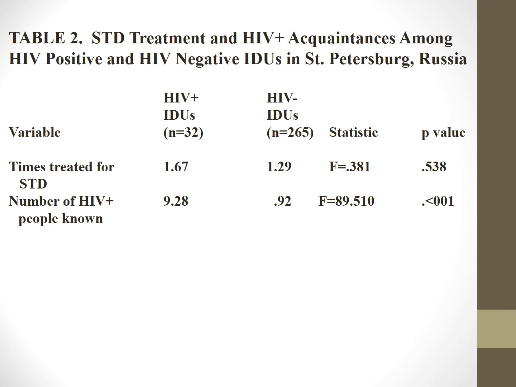You see the F statistic is 89.5 with a statistically significant p-value of less than 0.001, whereas the other, which was the number of times with STD treatments, isn't statistically significant: the p-value is 0.53, and the F statistic is only 0.38. That's the kind of thing you see. So you see the logic of it. It all makes perfectly logical sense with the statistics and the p-values.